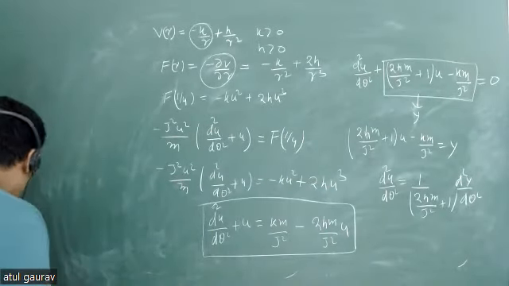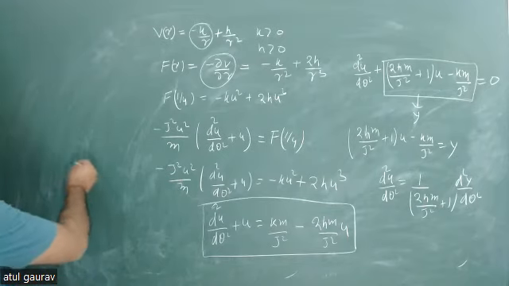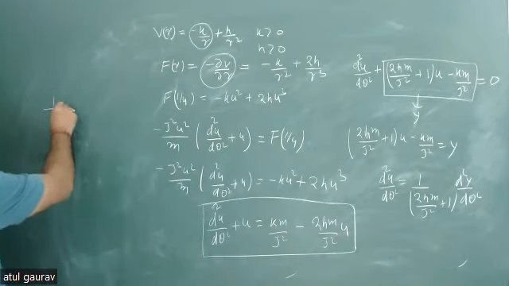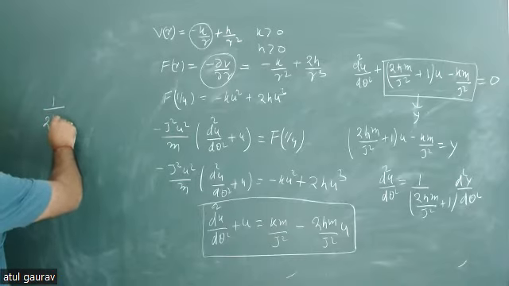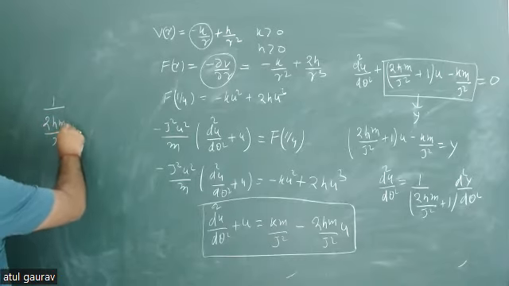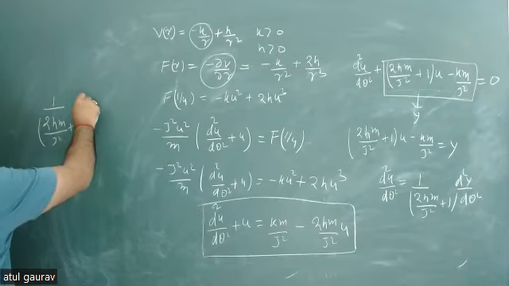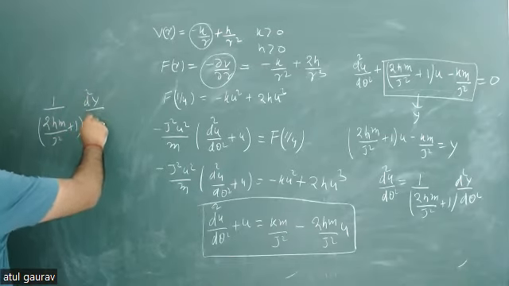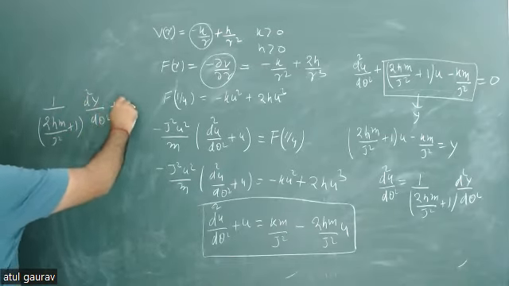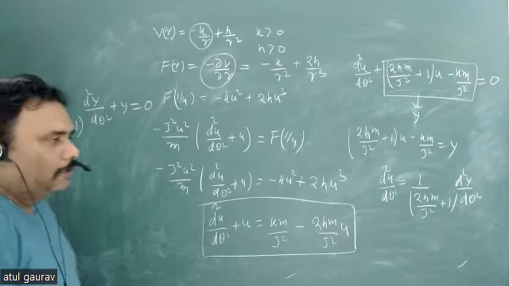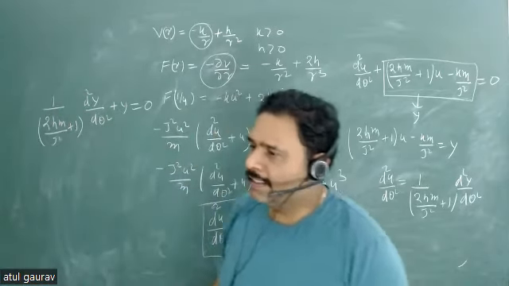So what is your final equation? 1 upon (2hm upon j square plus 1) d square y d theta square plus y must be equal to 0. लिख सकते हैं ऐसे?